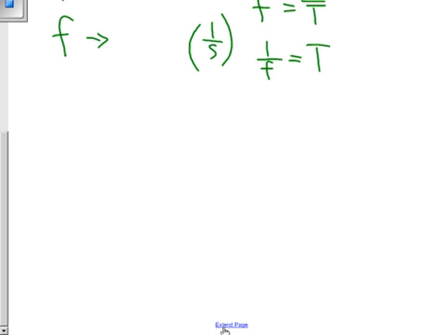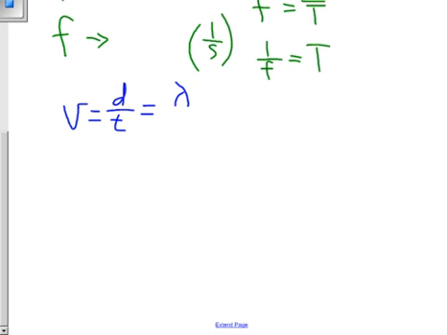Let's choose an easy distance to measure on the wave. Let's choose 1 wavelength. So how long does it take for 1 wavelength to go by? Well, I just told you that. 1 wavelength goes by in exactly 1 period.